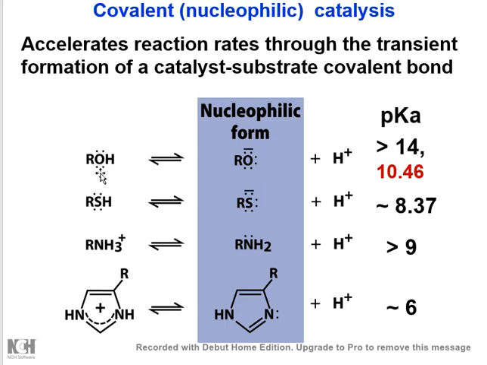These are OH groups, first of all, and they can be deprotonated to produce O minus, and this alkoxide ion is very nucleophilic. Thiol groups, amino groups, and imidazole group in histidine.